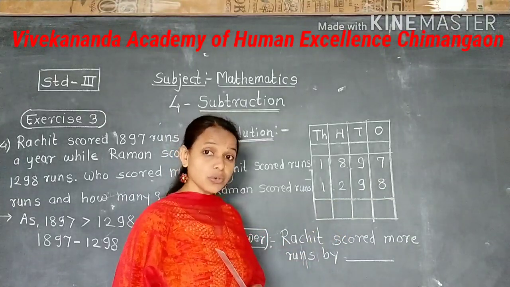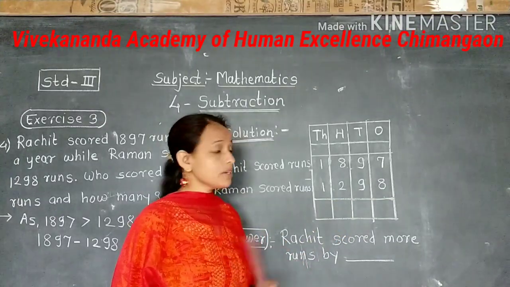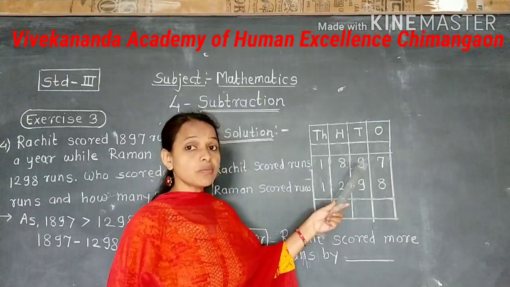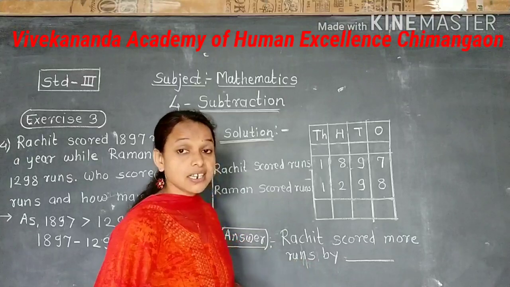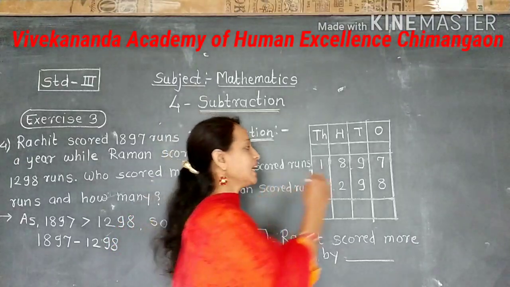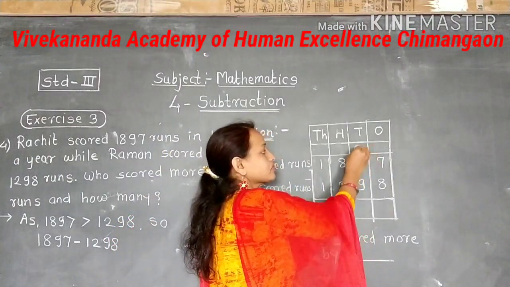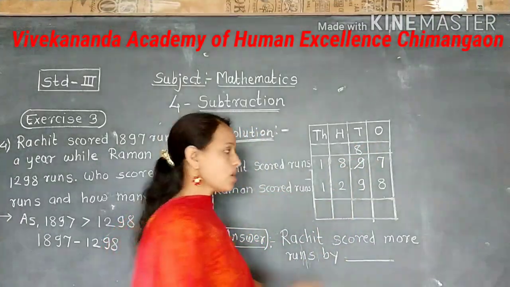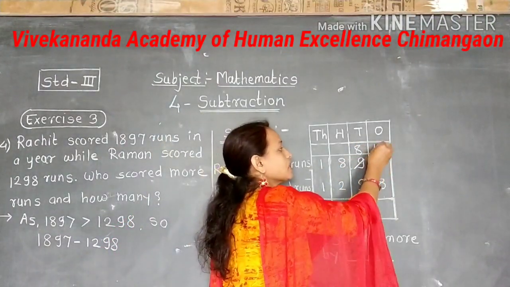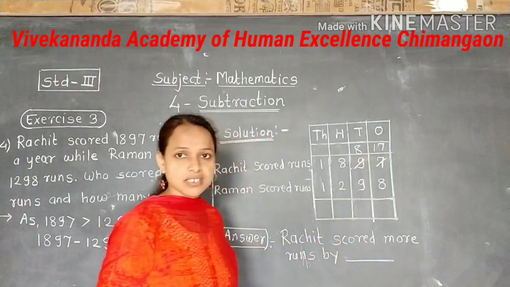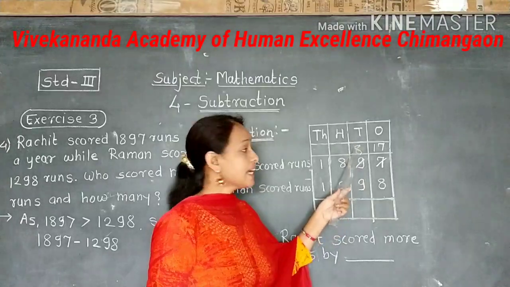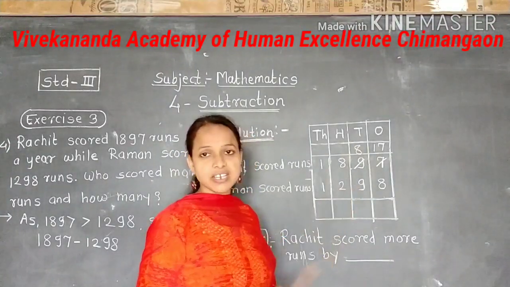So here we have to regroup. So how to regroup? By borrowing 1 ten from 9 tens. 9 minus 1, 8. And here 7 ones become 17 ones. In this way we regroup 9 tens into 8 tens and 17 ones.